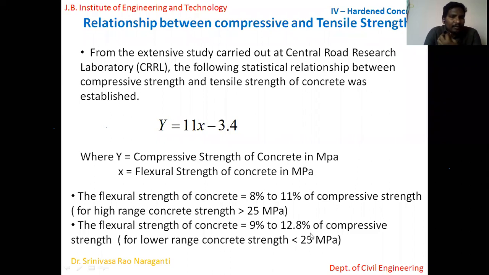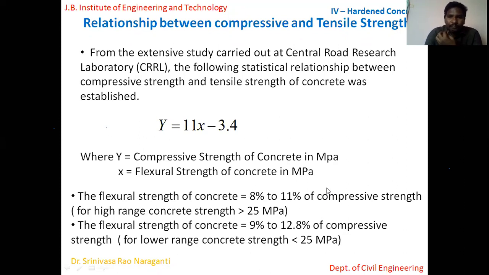Because here they have the lower mix, the M15, M20, M25, so the range is between 9 to 13 approximately. But when you're going for the richer mixes, greater than M25, the value is coming less than 11%. That means it's becoming more of a brittle material. When you go for the higher mixes of concrete, the concrete becomes more brittle, thereby it will have less tensile strength. That's what it is.